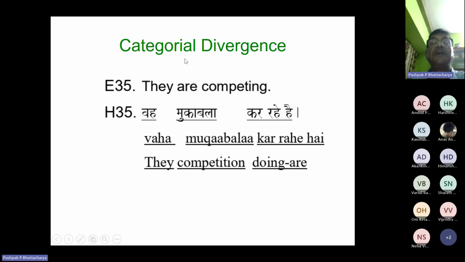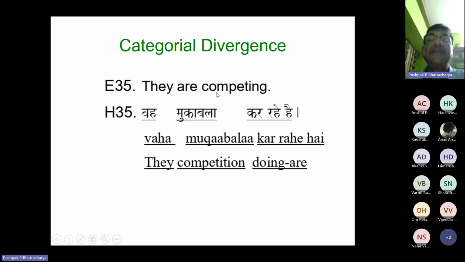Then categorical divergence. Here there is a change of part of speech. They are competing. Competing is a verb. वो मुकाबला कर रहे हैं. So competing has become मुकाबला करना. One word, compete, has become a combination of two words, one noun, मुकाबला, and then karna.